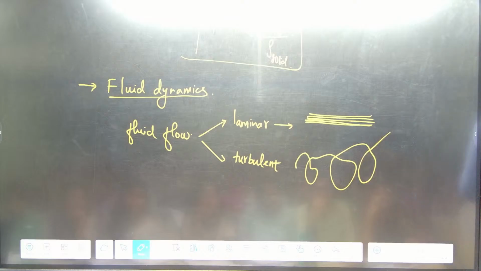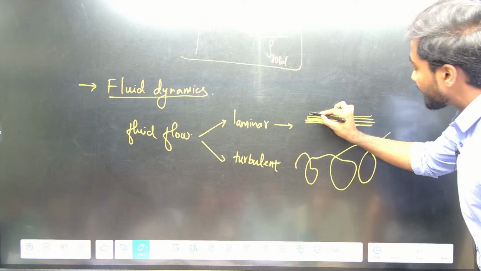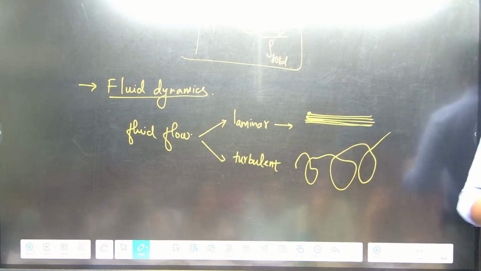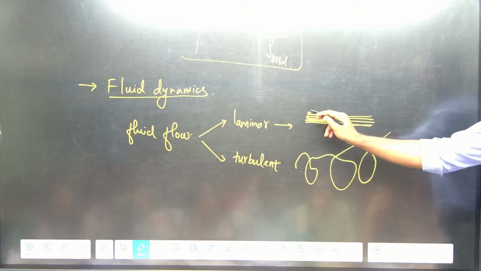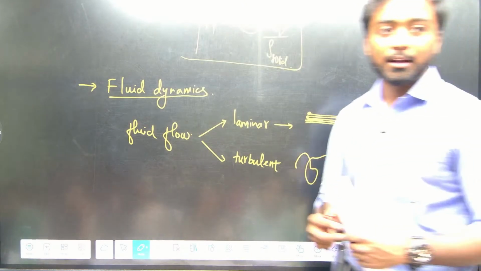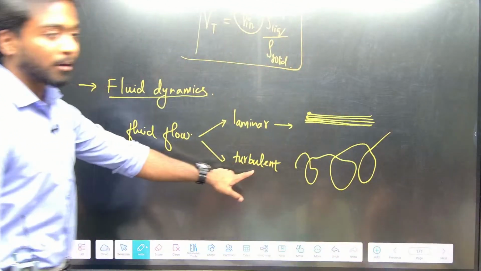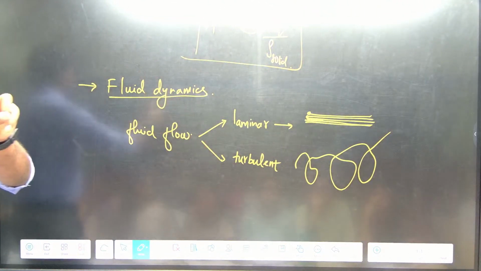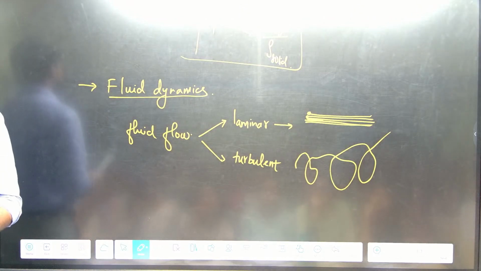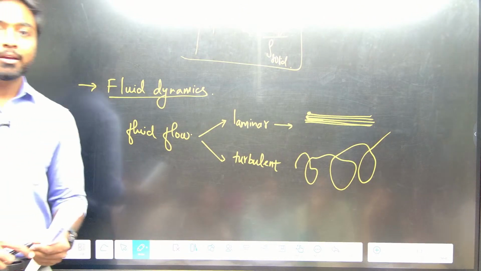The fluid will be in a zigzag motion. For example, let me take particles 1, 2, 3. In laminar, these particles go in parallel, and the first particle does not disturb the second particle. But in turbulent flow, if I consider two particles, they will keep on disturbing each other.